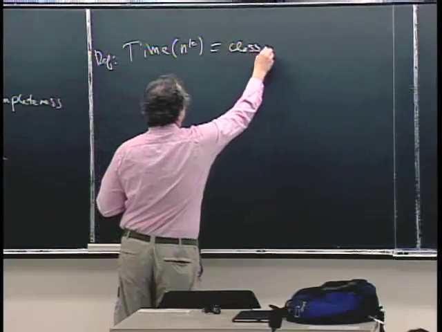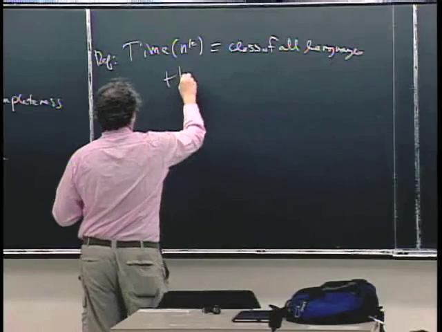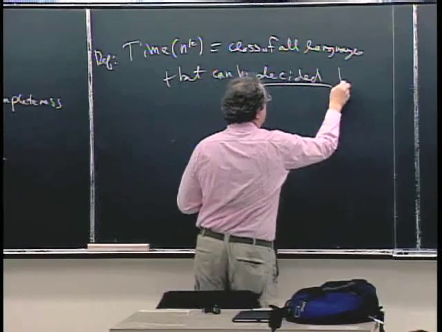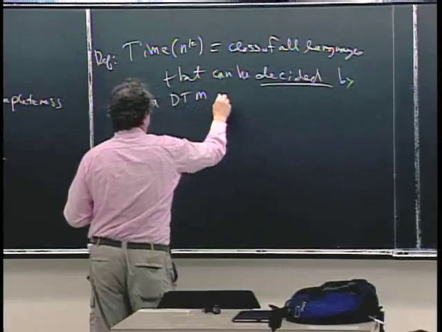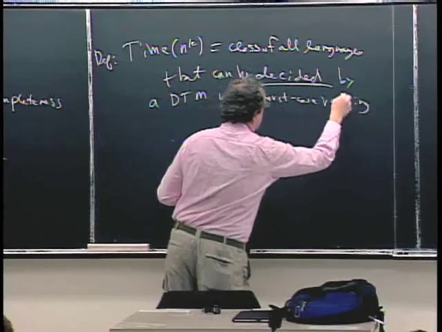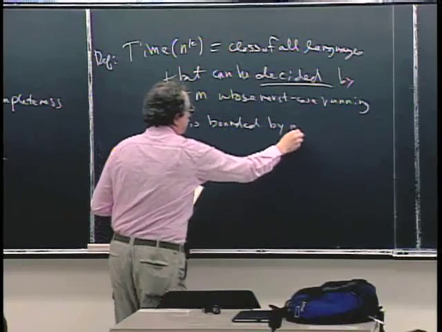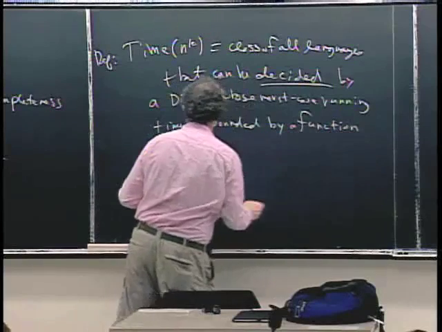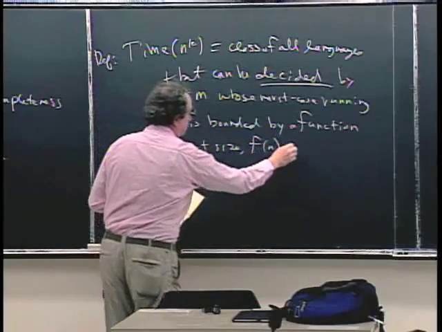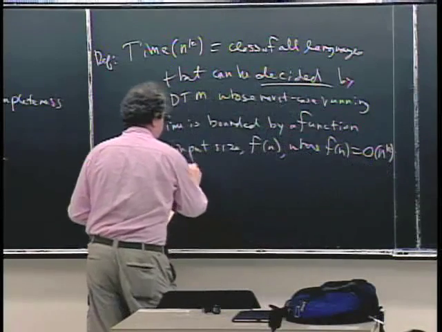That's the class of all languages that can be decided by a deterministic Turing machine whose worst case running time is bounded by a function of input size, we'll call it f of n, where f of n is big O of n to the k for some k.